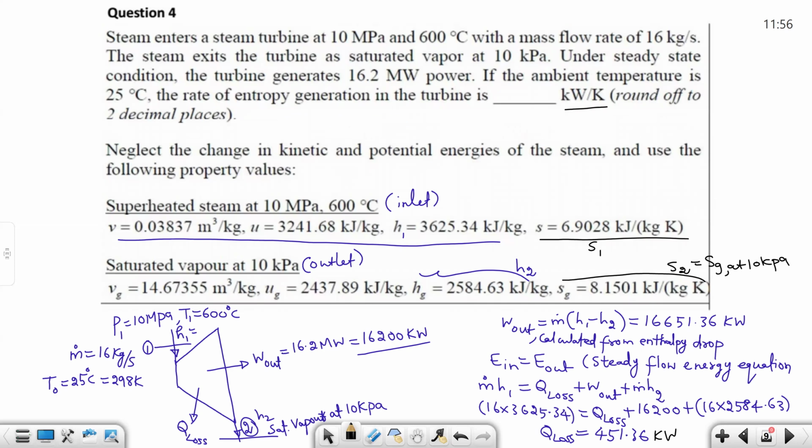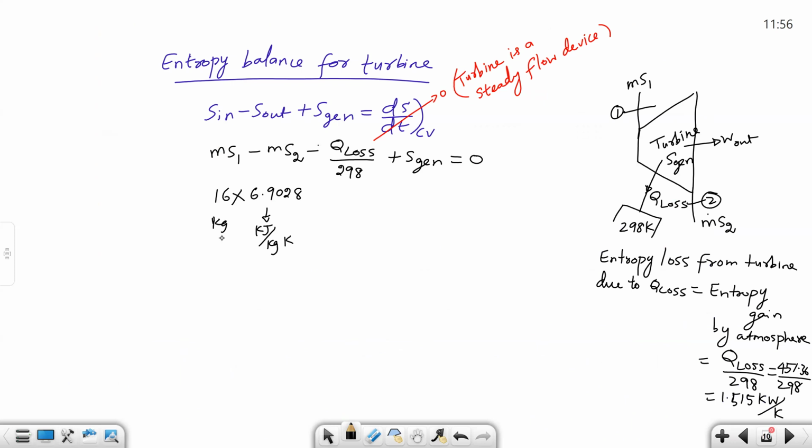Mass flow rate is 16 kg per second. So you get the product in kilowatt per Kelvin. Okay, so that unit must match.